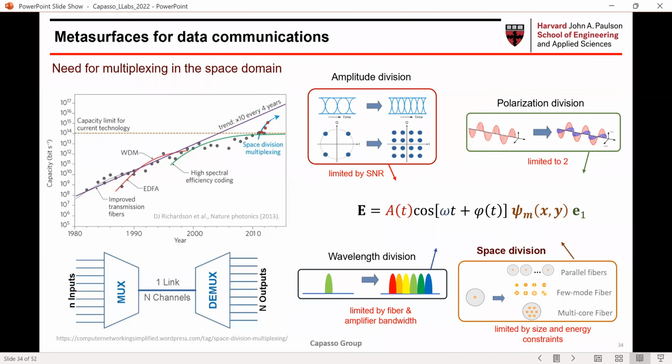Now, everyone knows that after the telecom bust, things have recuperated, and now the really important area is to go beyond the capabilities of wavelength division multiplexing to use spatial division multiplexing.